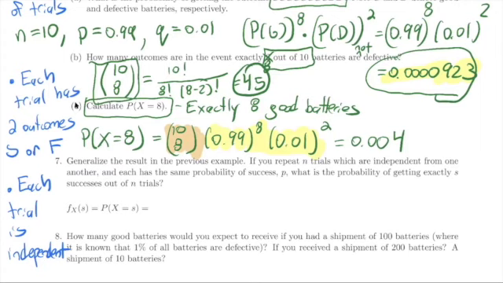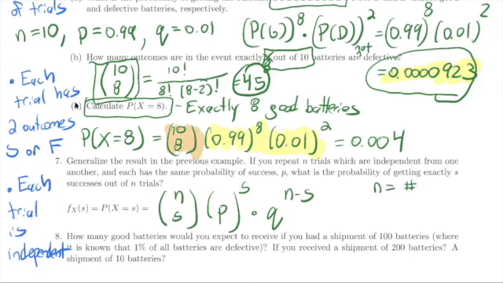So generally speaking, the formula would look like this, where N is the number of trials. N represents the number of trials that we have altogether.